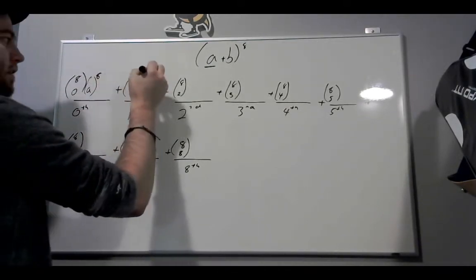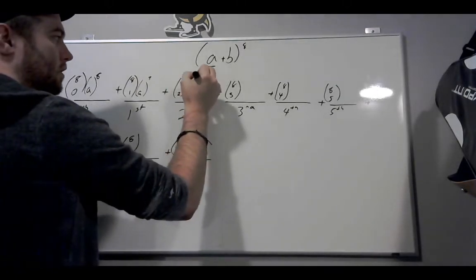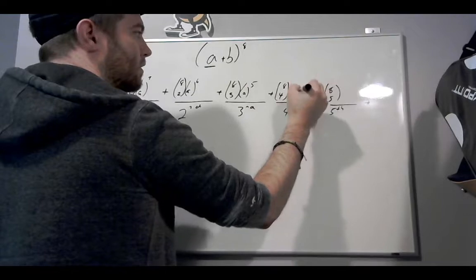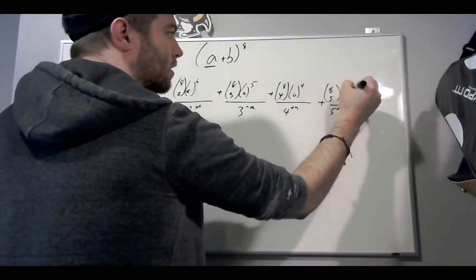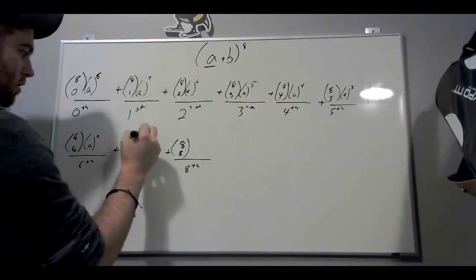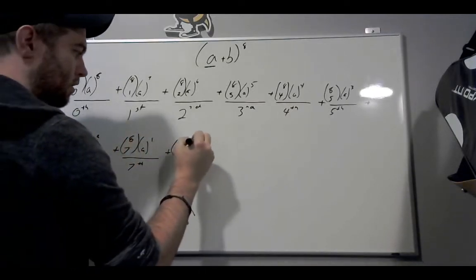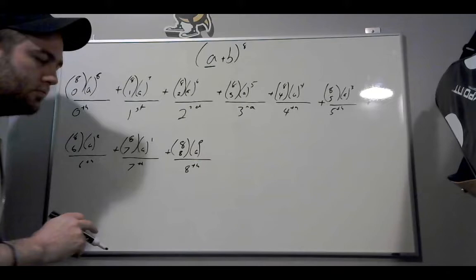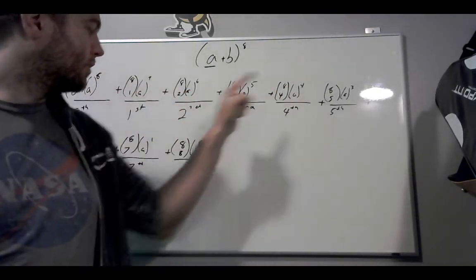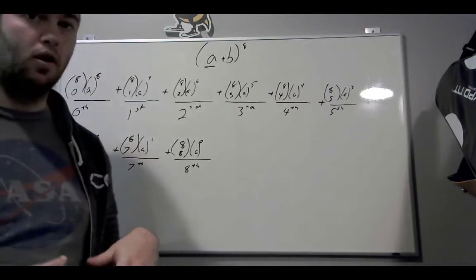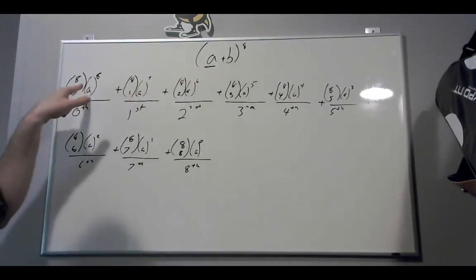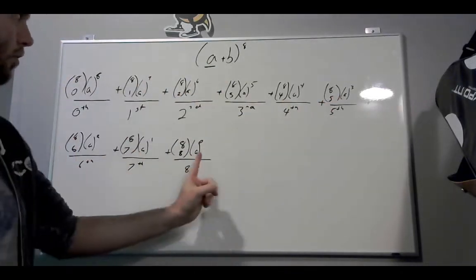So we went from 8 to 7 to 6 to 5 to 4 to 3 to 2 to 1 to 0. So we did the first pattern, which was our coefficients using our choose. The second pattern is that your first term is going to decrease as you go through.